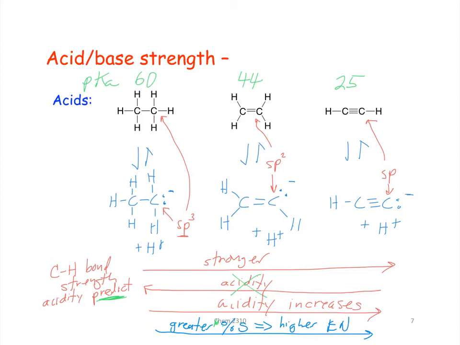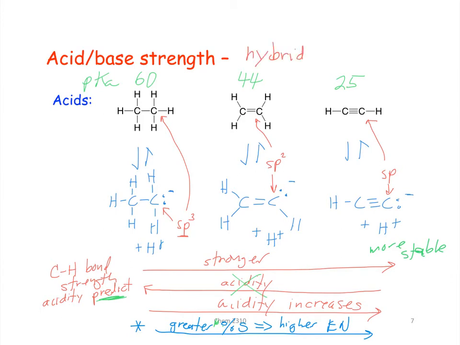And so just like we saw before, a more electronegative atom can better hold the minus charge, meaning that our conjugate base stability is going to increase as we go from left to right. Okay, so this end over here is more stable.